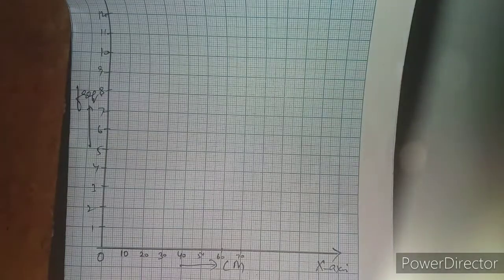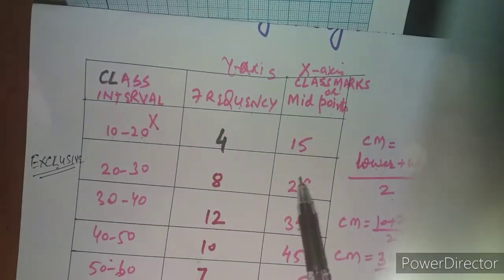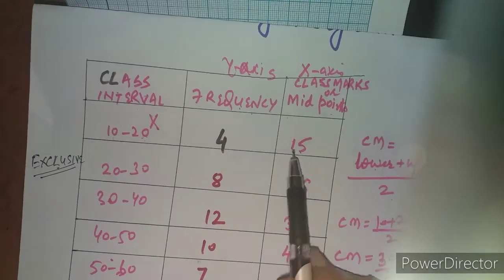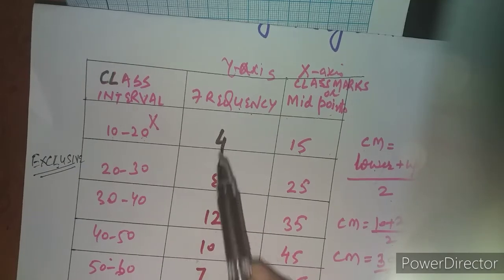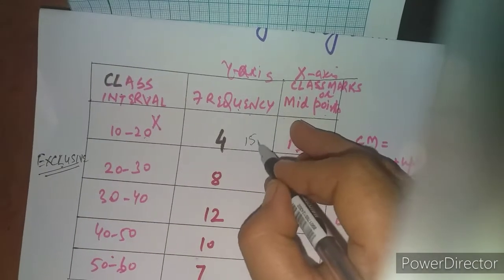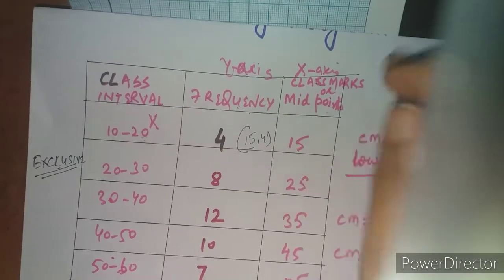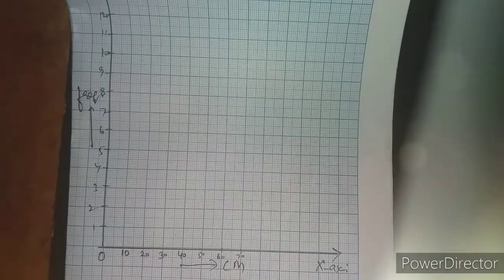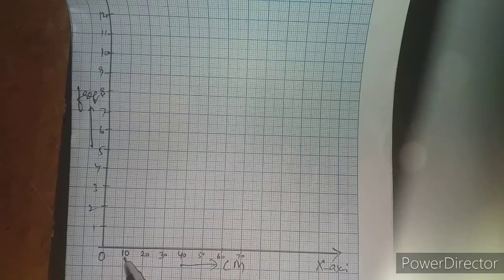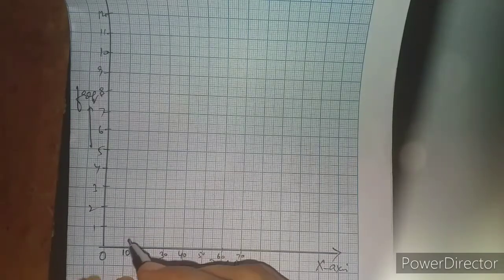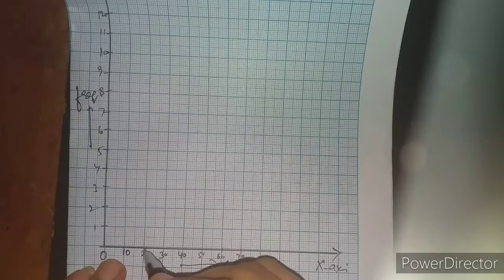The first class mark is 15 and against that the frequency is 4. So the first point to be plotted is 15, 4: 15 on the x-axis and 4 on the y-axis, right? You can directly take these readings as 15, 25, 35 also, but I have still taken the same class intervals, and in between now I will take from 10 to 20.